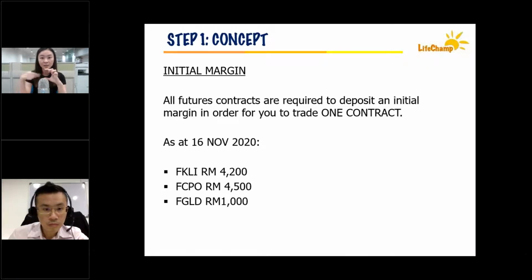If you didn't close the position on the same day, this losing amount carries forward to the next day, and your broker will call you to ask you to top up the margin. This shortfall of margin we call a margin call. Because the minimum to go in one contract is 4,200, you always have to have this amount in your account to hold one contract overnight.